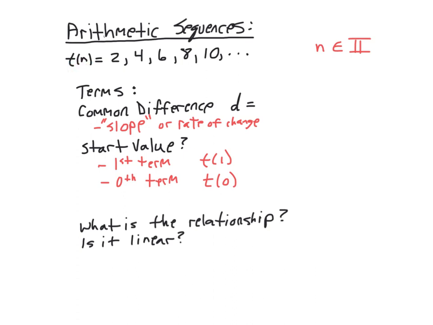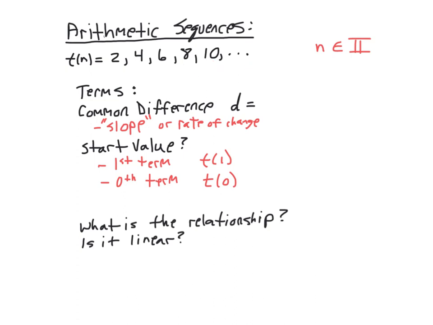So with terms, we have this concept of a rate of change. We know it as slope, but in arithmetic sequences we call it the common difference, d. Looking at the example I have here, you'll note that as I go from 2 to 4, I'm increasing by 2, 4 to 6 increasing by 2, 6 to 8 increasing by 2, and on and on.